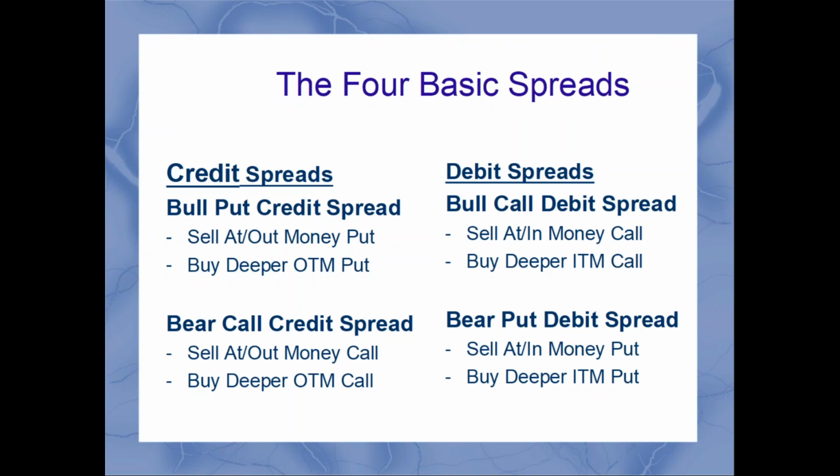In the bear put debit spread, you might use the same structure, but remember, the put you're selling is slightly above the stock price, meaning it's in the money, and you're buying a deeper in the money put to pay a debit. But again, if the stock stays below both strike prices, the bearish spreads will retain the full value. And on the bull spreads, if the stock stays above both strike prices, you'll make the full return.